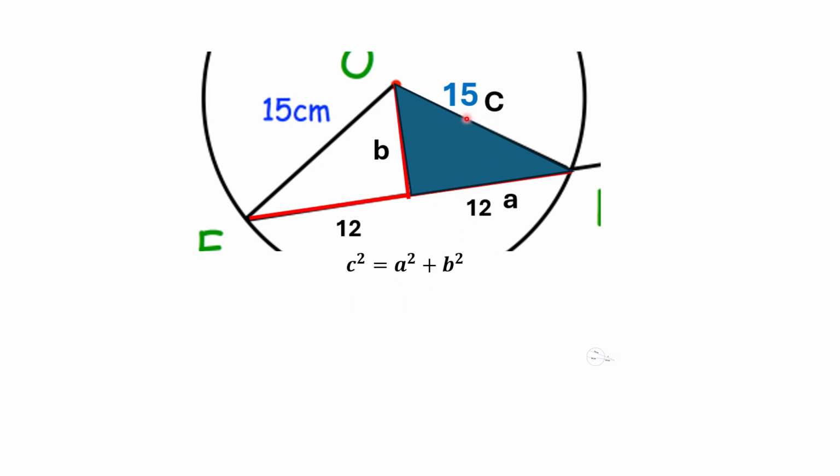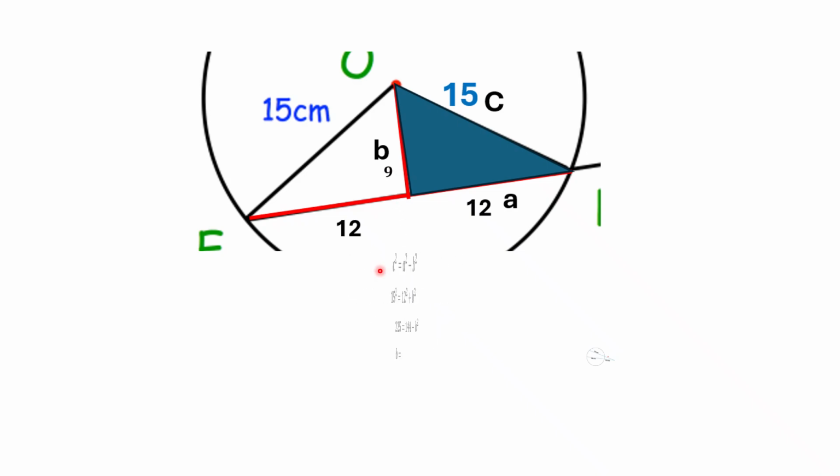So C squared is 15 squared, A squared is 12 squared, plus B squared, which we are looking for. That means 225 is equal to 144 plus B squared. 144 plus 81 is 225. That means B squared is 81. So B is just 9. Very good. So we found B and we found A.